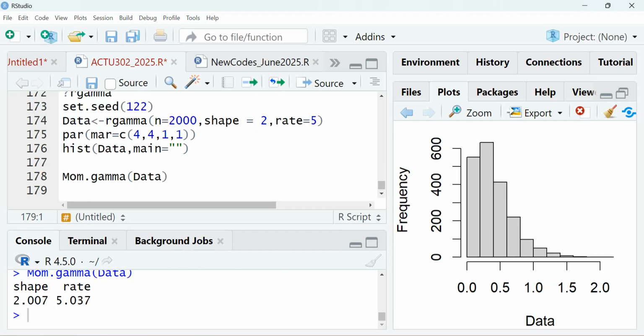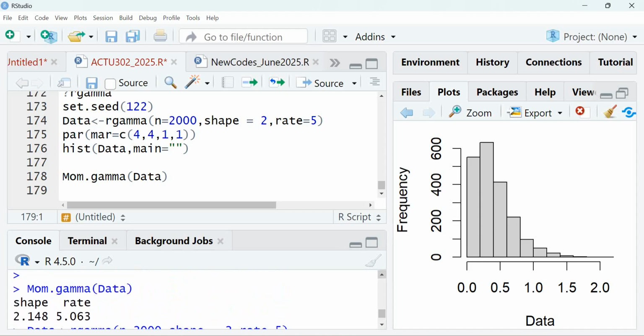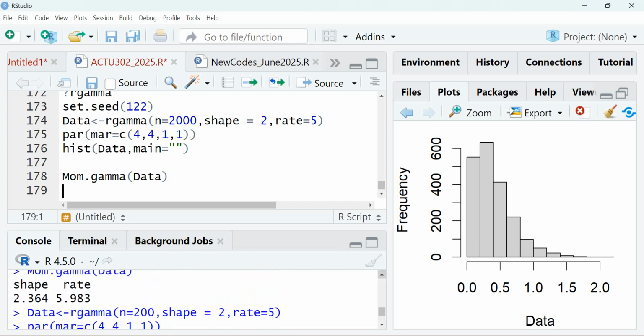Oh, so now what do you see happening? I started with 20. We got, I think, 1.64 and then 4.17, right? And then we increased it to 200. We got 2.14 and then 5.063. Did you get 5.063?